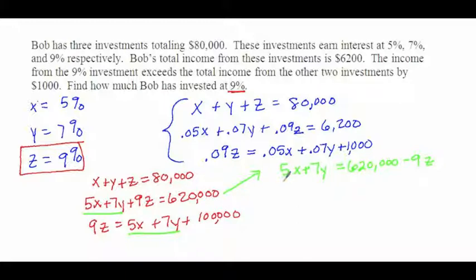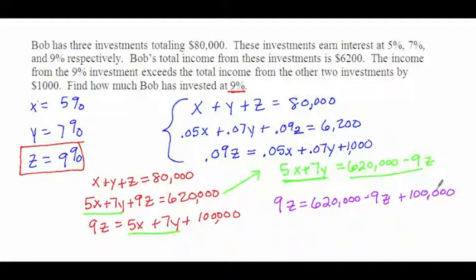Okay? So now I have this 5x plus 7y and this 5x plus 7y. I'm going to substitute this in for that right there. So when I do that, I come up with 9z is equal to, now instead of 5x plus 7y, I'm putting in this wonderful number right here. And then just put in your 100,000, sorry.